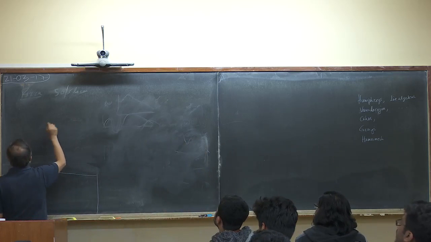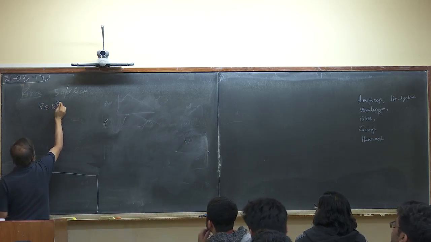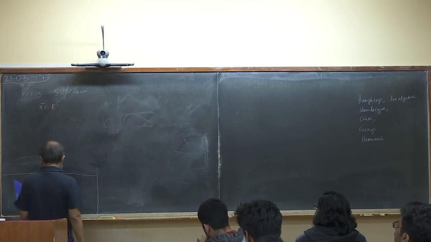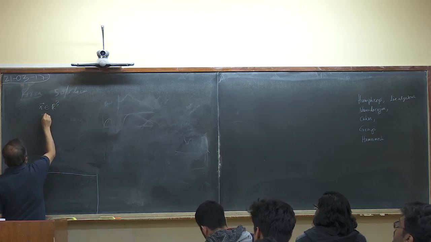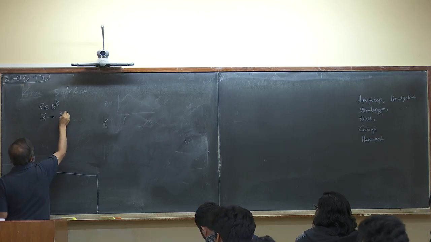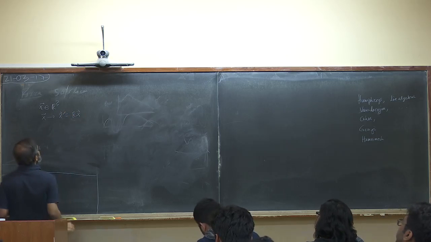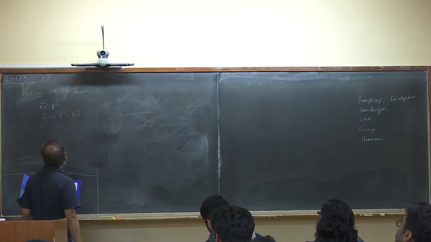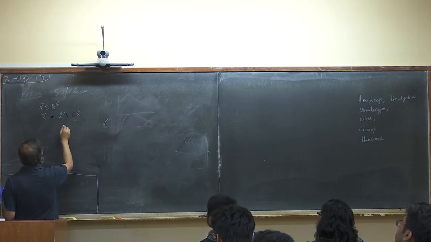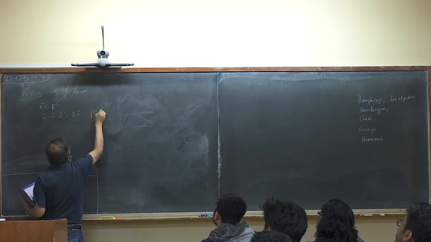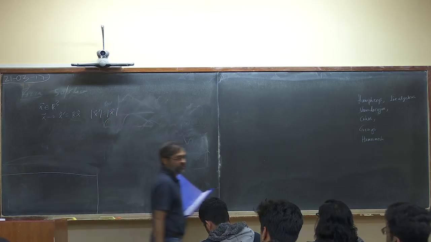That is, take a three-dimensional vector point in R3 and consider the set of linear transformations, which is a matrix acting on this vector x with the condition that the norm of x prime has to be the same as the norm of x.